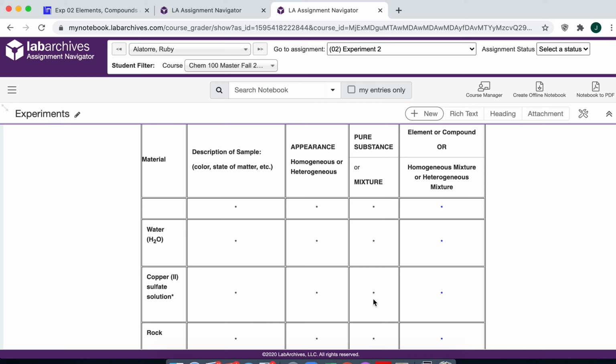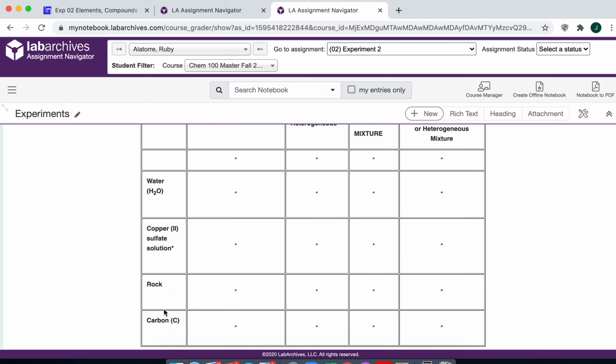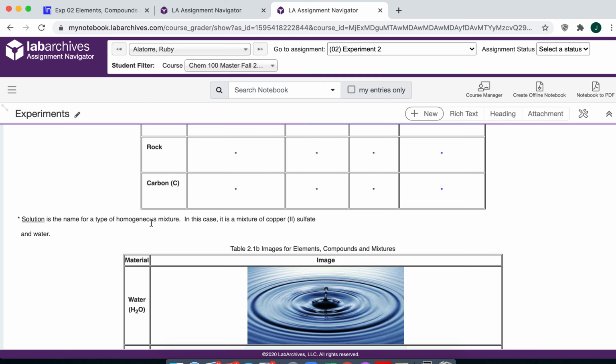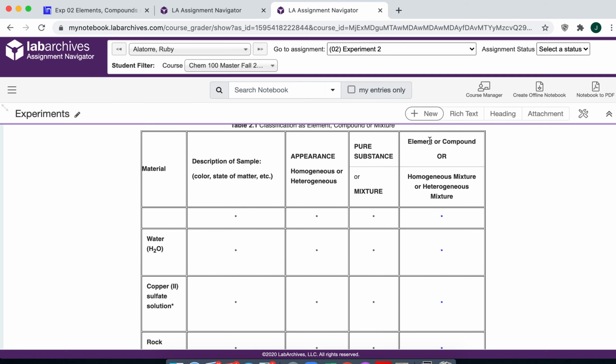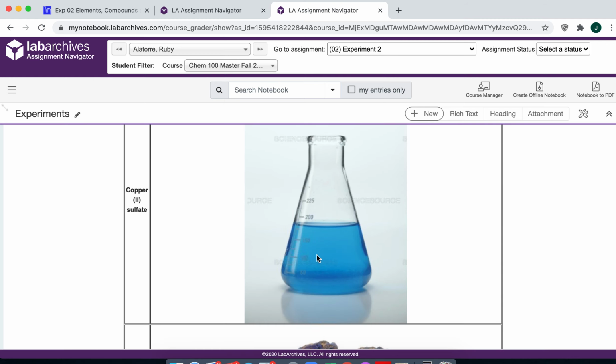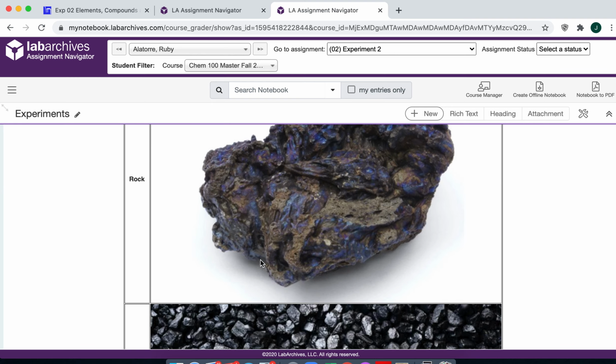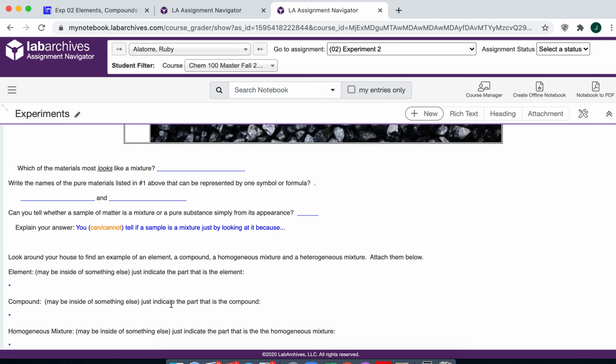It has to be a mixture because it contains copper sulfate and water, since we say it's copper sulfate mixed in water, and it contains more than one type of compound. So it's going to be a mixture, and since it looks uniform throughout, it's going to be a homogeneous mixture. You're going to complete the last one, carbon, and complete the table. Make sure you hit save before you move to the next part.